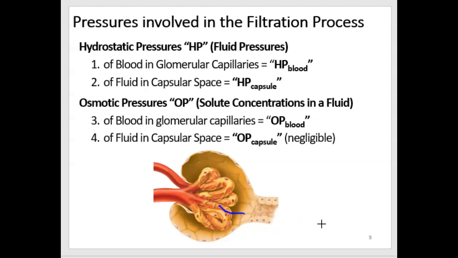So there's a much higher osmotic gradient for water to stay in the blood due to the fact that proteins and red blood cells stay in the bloodstream. So those are the 4 factors, 3 in particular, that contribute to how much filtration actually happens.